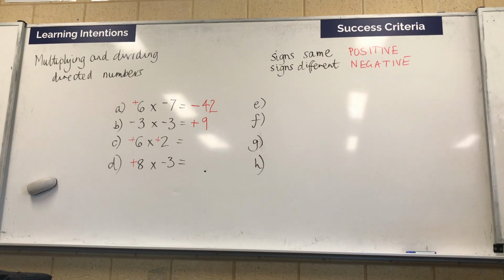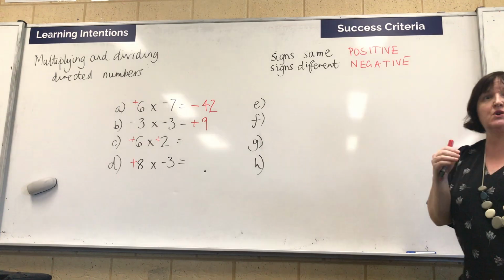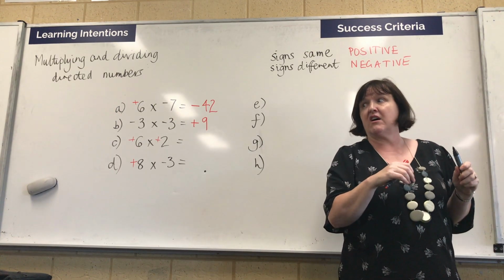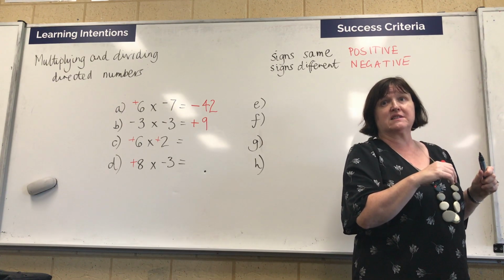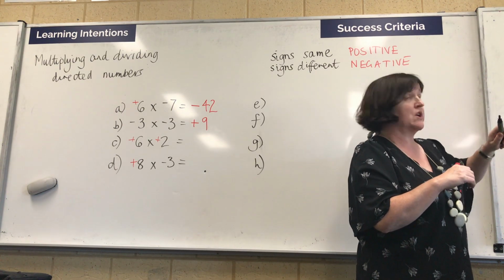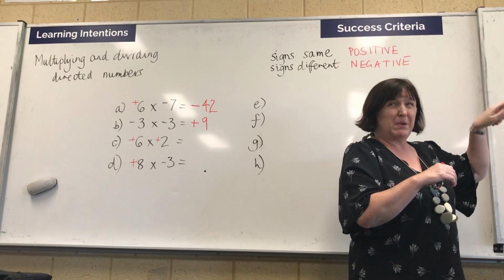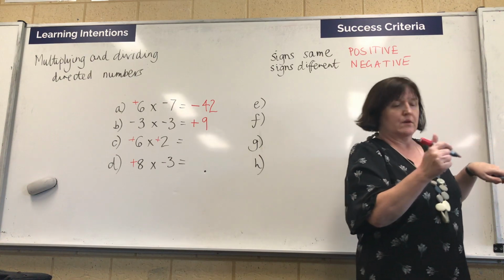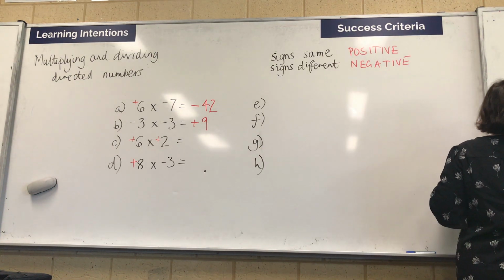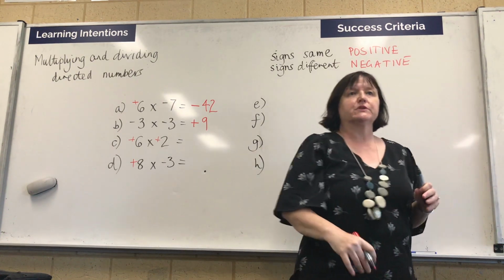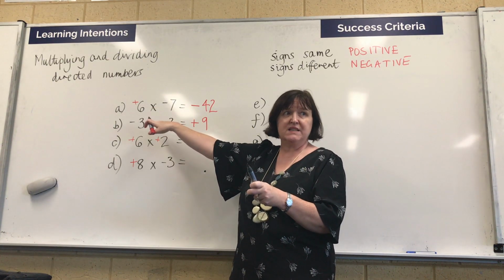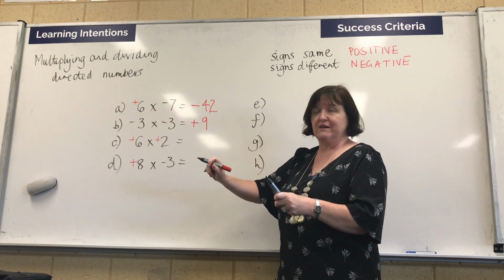So they are both negative, yes, but they're not next to each other, are they? So there is an adjacent sign in that expression. So what do we do? Negative 3 plus negative 3, what do we do? We cancel out the addition. Well done. We take out the addition and then it becomes negative 6 to make it more negative. But when it's negative 3 times negative 3, our answer is positive.